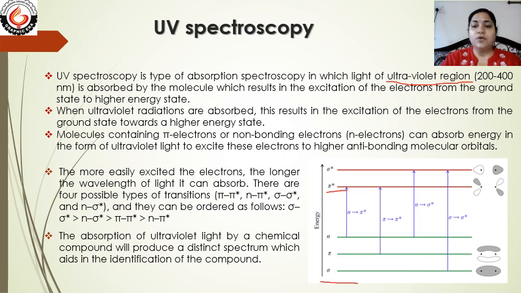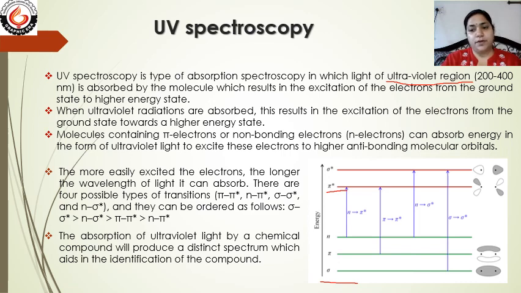So with the help of this diagram, we can detect for which transition more energy is required, that is, more energy or lower wavelength. Here the pattern is sigma to sigma anti-bonding, then n to sigma anti-bonding, then pi to pi anti-bonding, then n to pi anti-bonding.